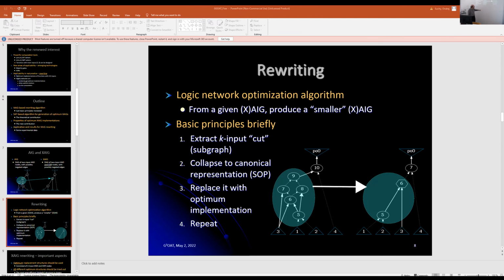But by rewriting, you are able to find that this structure can be two gates only. So how does the rewriting work?